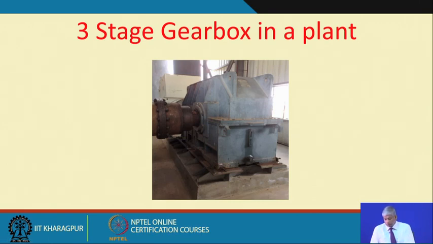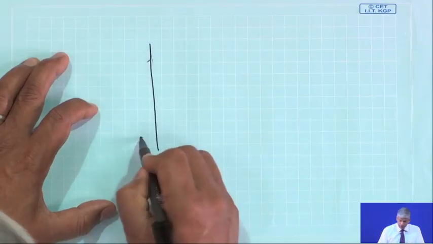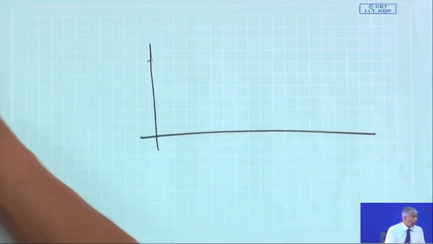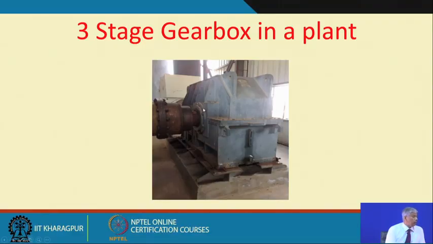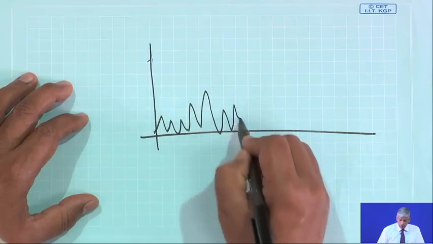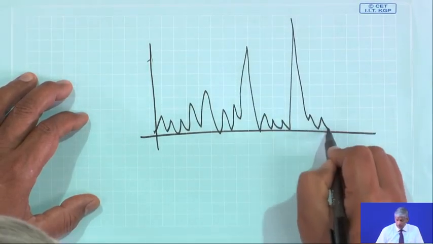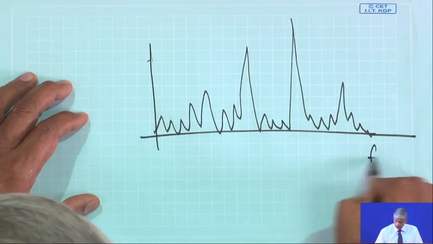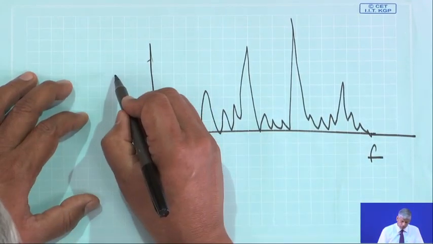But in an actual gearbox, the problem while you are doing vibration monitoring is that I cannot separate the bearing vibrations from the gear vibrations. So, there will be a lot of frequencies, and in this you have to detect the side bands. Okay.